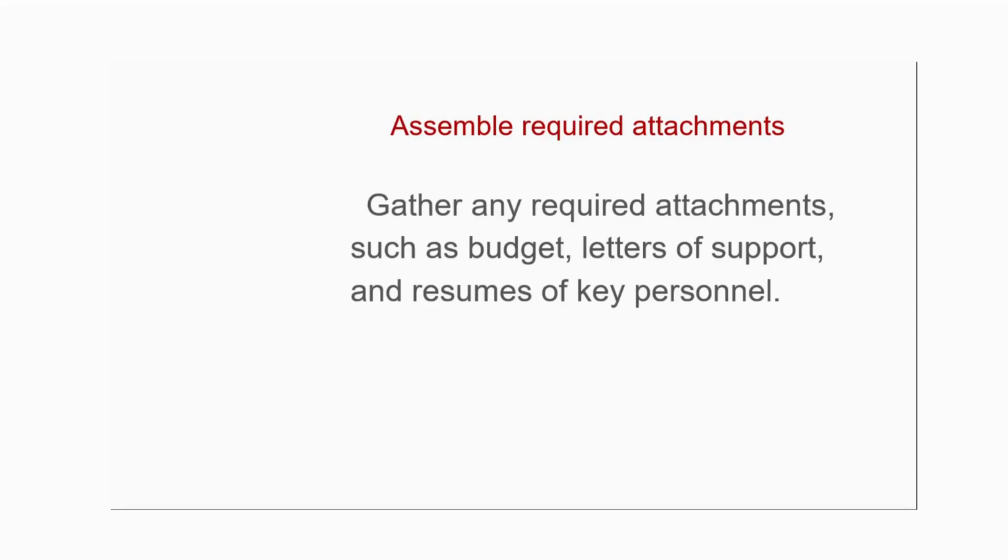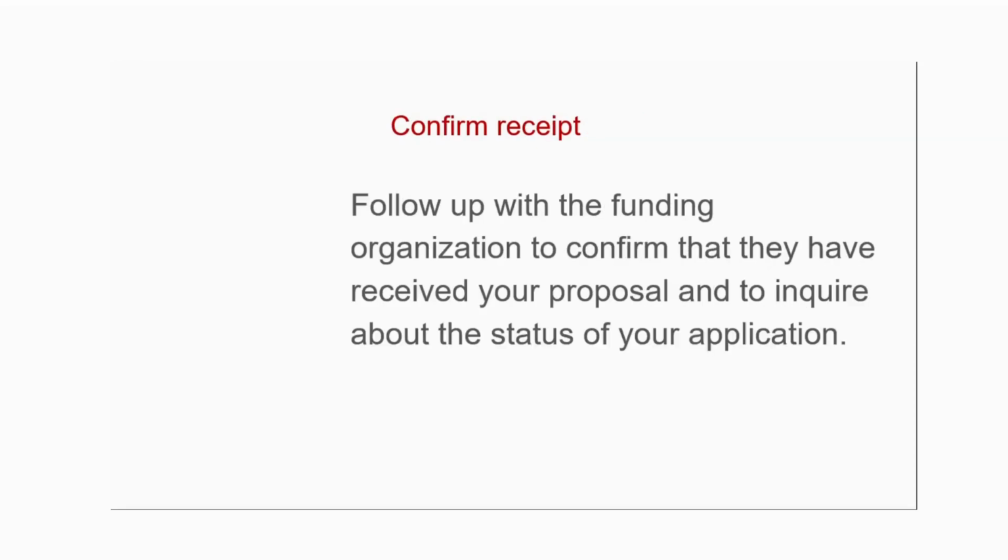You may also have recommendation letters from other government organizations or agencies you've worked with before. Now, key personnel are people who are going to be the principal investigators. If it's a research-based project, you need to provide the resumes of such personnel, the key personnel that will be involved in the execution of that project. So that's about assembling the required attachments.